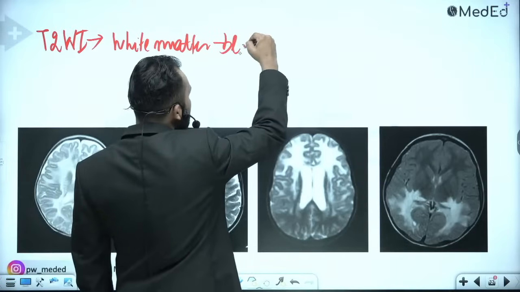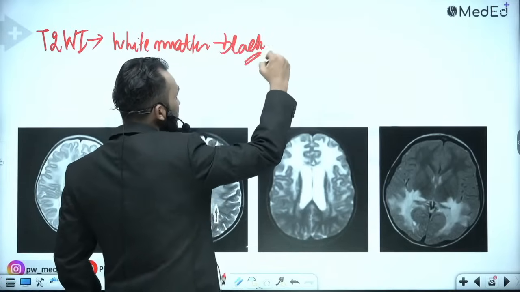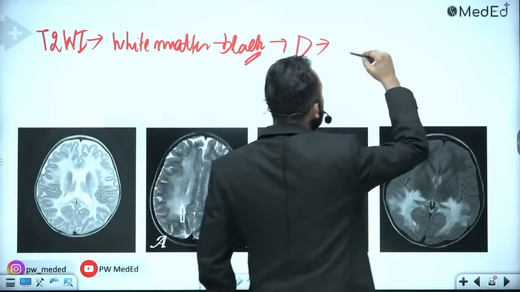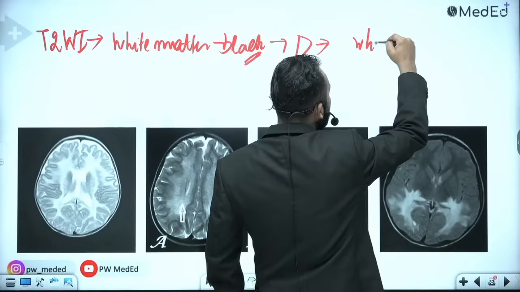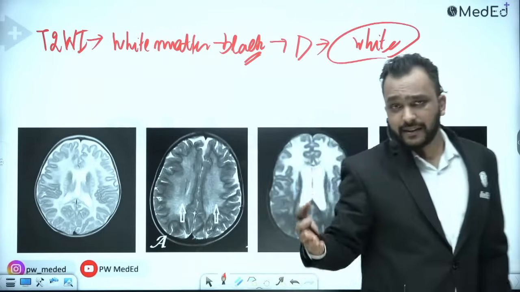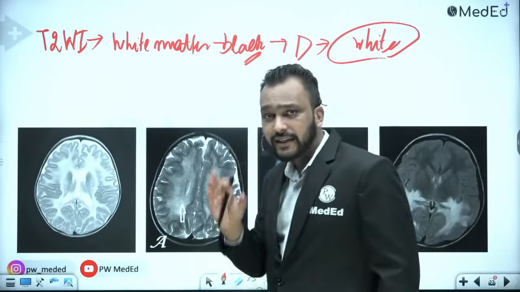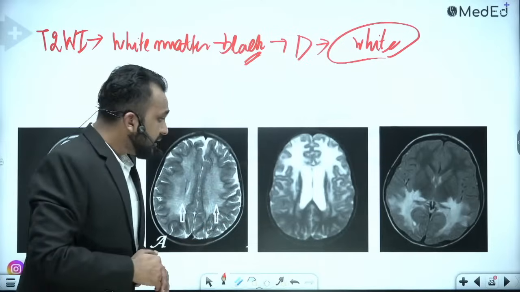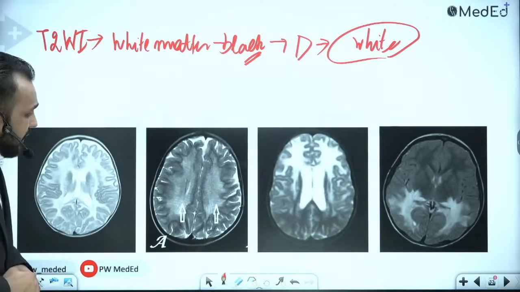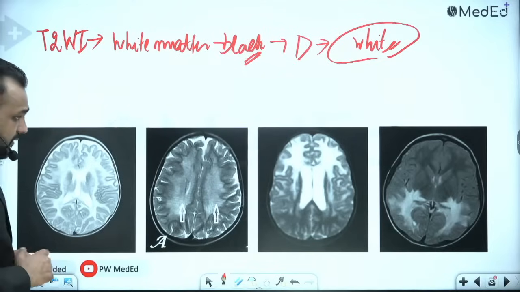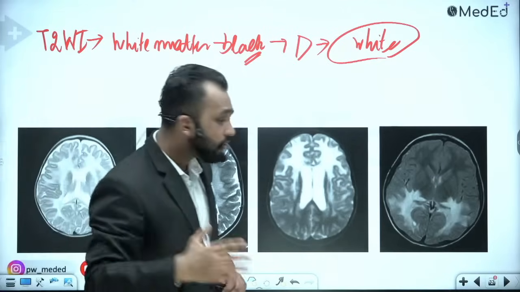Whenever there is some injury to this white matter, or whenever there is some demyelination occurring in the white matter, it appears white, right? This was happening in multiple sclerosis also, in which you were seeing demyelinating plaques appearing hyperintense. These leukodystrophies are also demyelinating disorders, so we will see how to identify them.